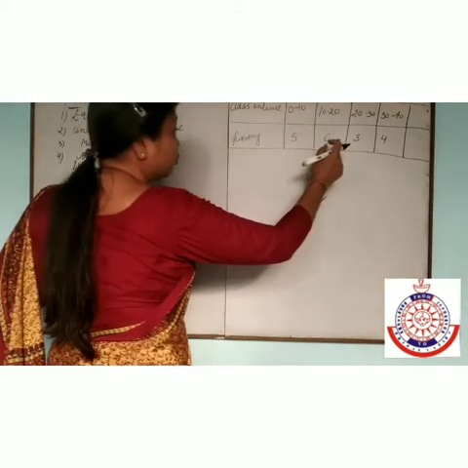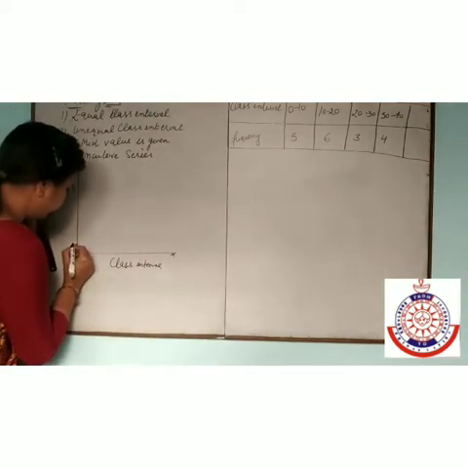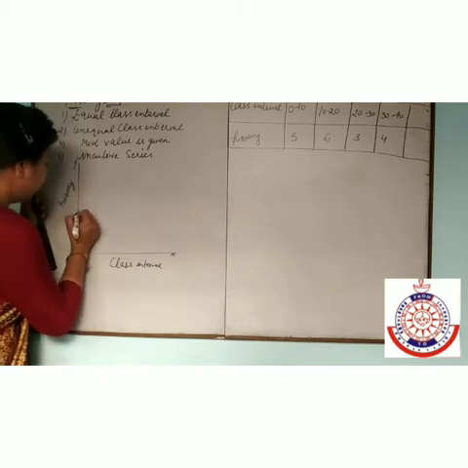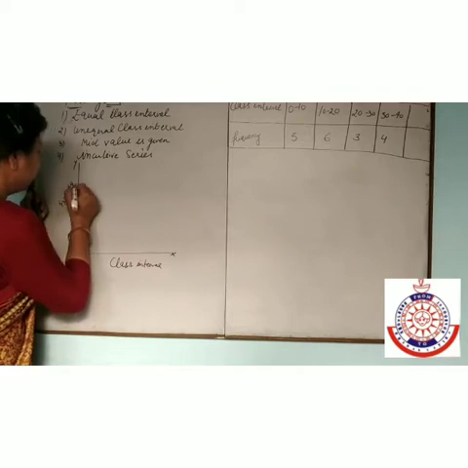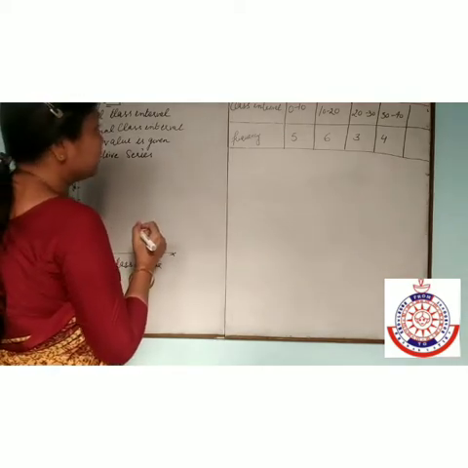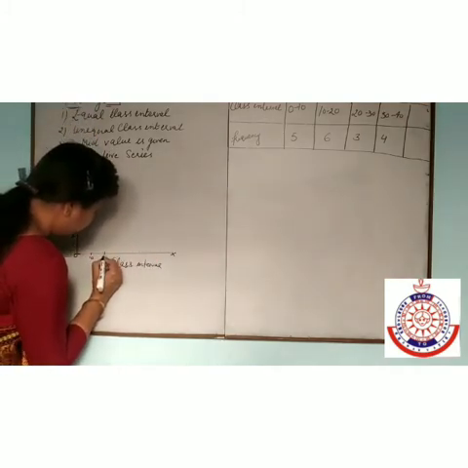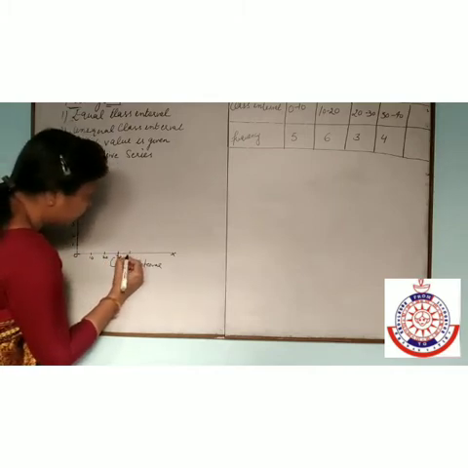Frequency is up to 6, so we will take equal gaps 1, 2, 3, 4, 5 and 6. And class interval is 10, 20, 30 and 40.